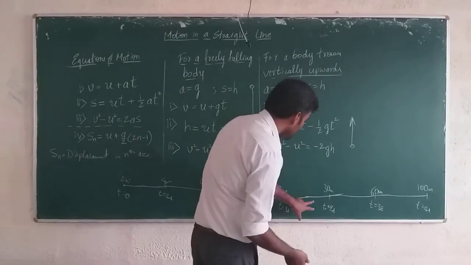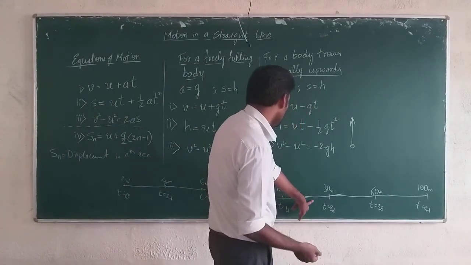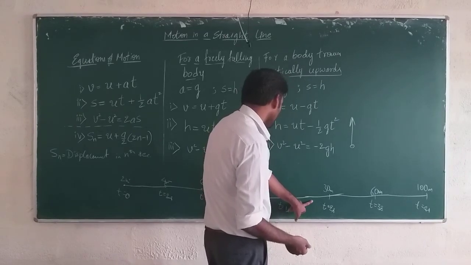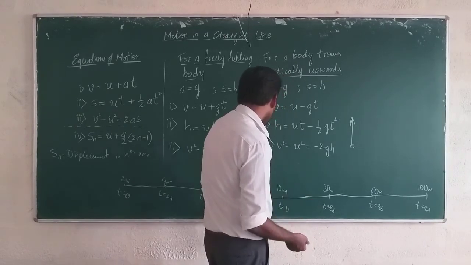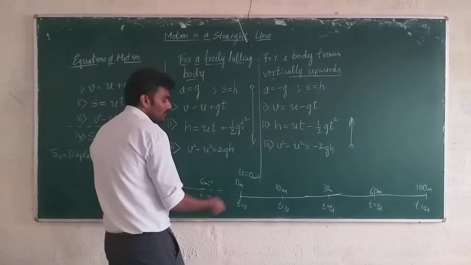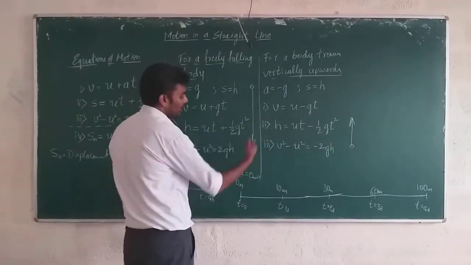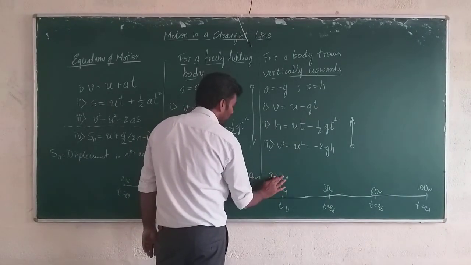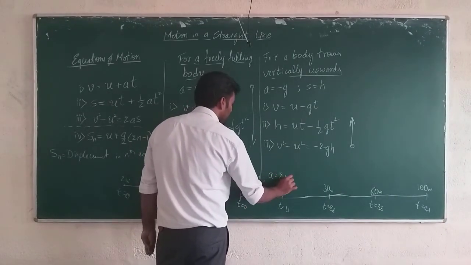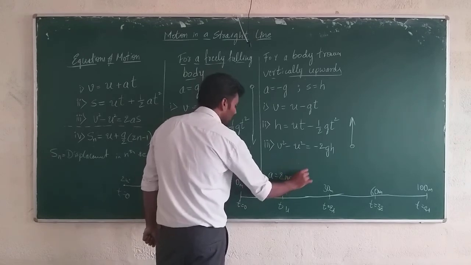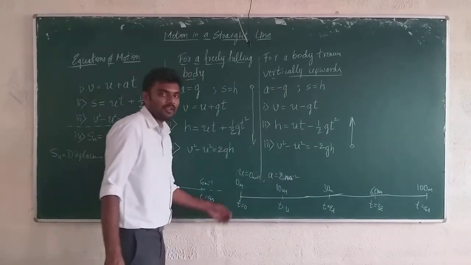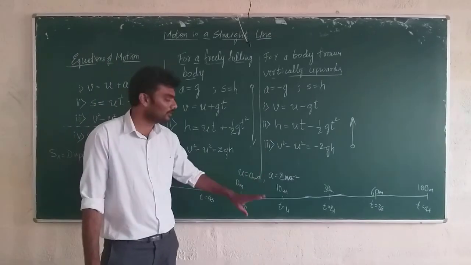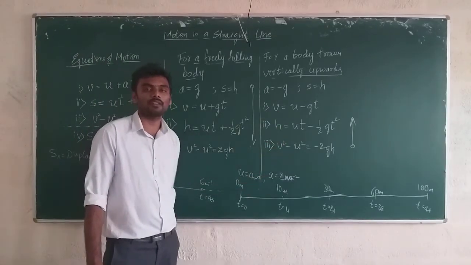Acceleration is given. They will directly give us like this: initial velocity 0 or some value, acceleration 2, 4, 5, something.